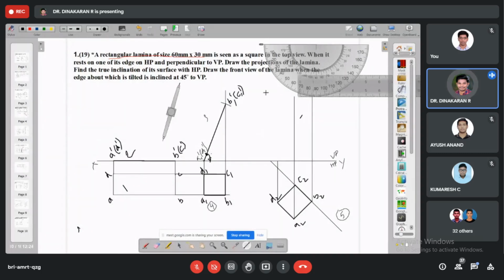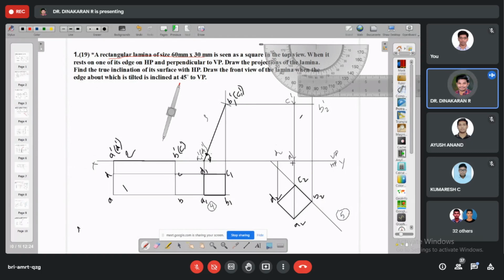Then same horizontal projection. Then mark the points on there with A2 dash, B2 dash, C2 dash, and this one is D2 dash. Finally, connect all the points.